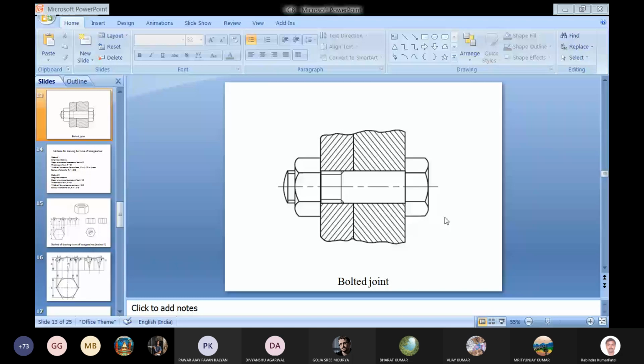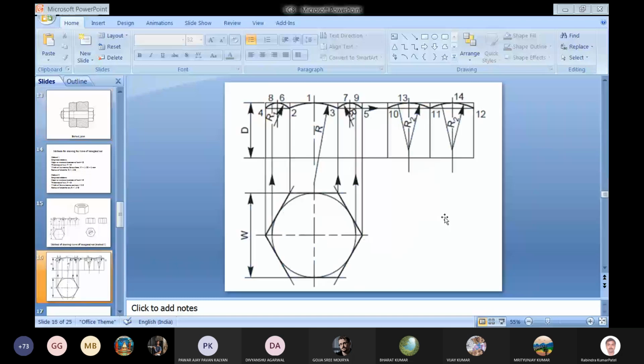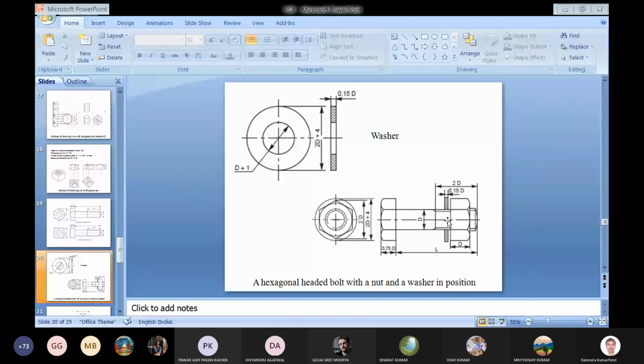So here a washer has been shown. This is the section portion in the second figure. You can see the washer has been shown. What we do is place this nut and bolt together with the joining members. If we want to join two plates, they are kept here and here, and the surface of the plate may be rough, but the surface of the washer is smooth.